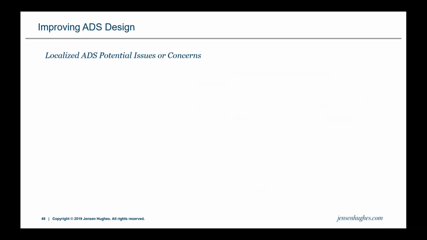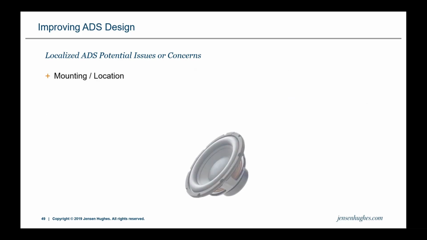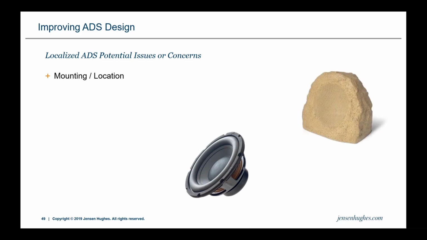Now, localized ADSs come with a few issues or concerns to think about. How will we be mounting or locating a speaker? Maybe it's in a desk or a console. Maybe it's hanging down right above a location. So how are we going to physically mount it? How loud, or what's the wattage that we're going to select for the speaker? If it's in very close proximity, we might not need to be that loud.